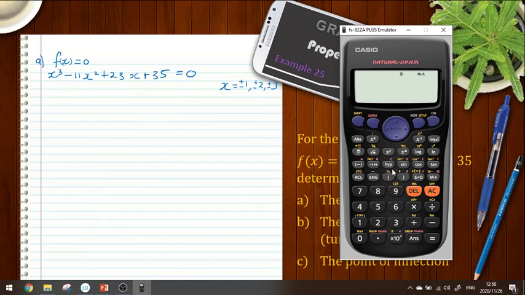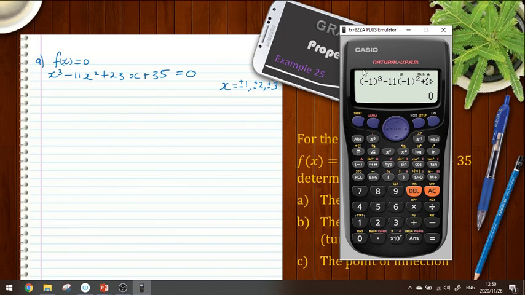If I substitute in minus 1, this is negative 1 to the power of 3, minus 11 times negative 1 squared, plus 23 times negative 1, plus 35.